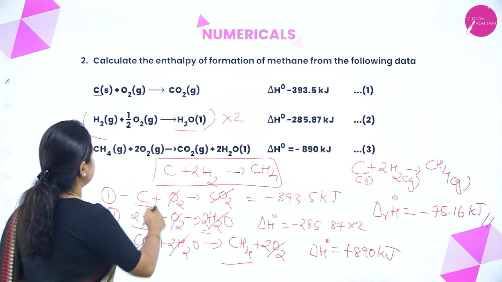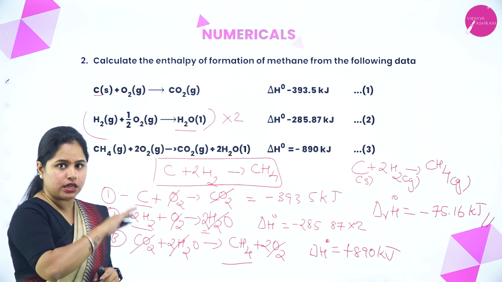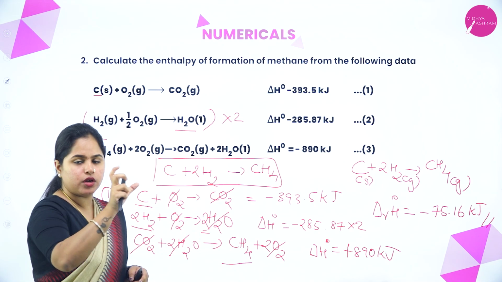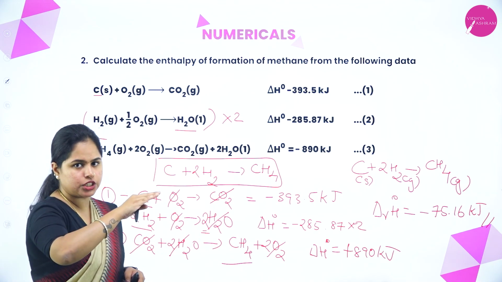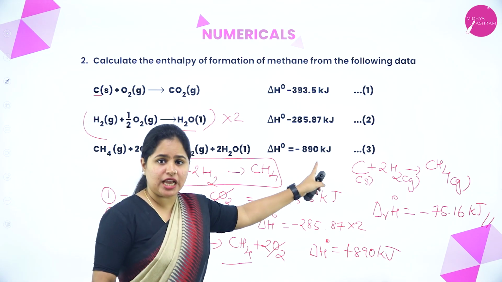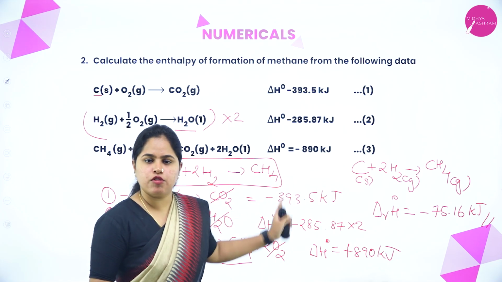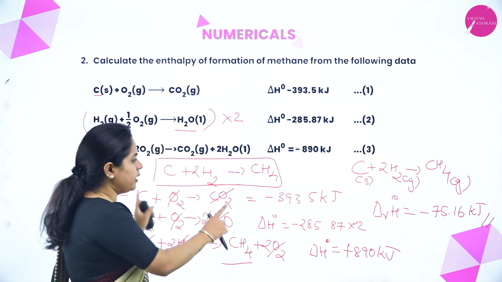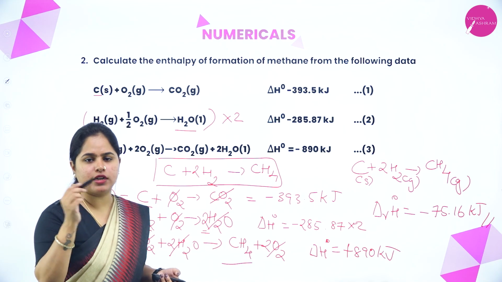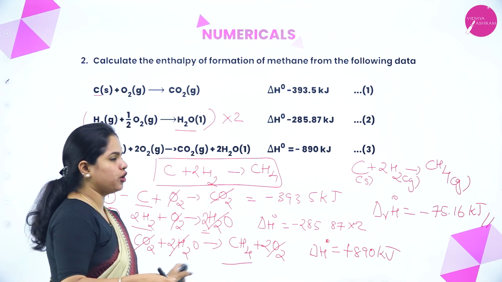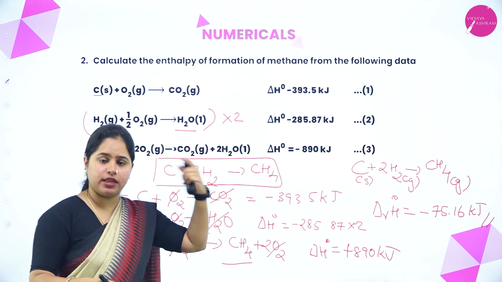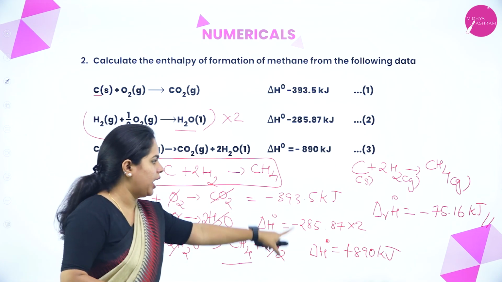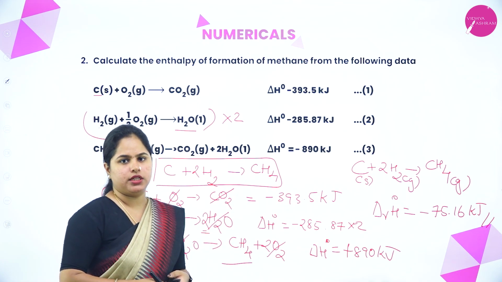Okay, rearrange means either multiply it by 2 or reverse the reaction, whichever is required. You require it in the product means reverse the reaction. So when you are reversing, change the sign in the enthalpy of formation also. And then finally, other unwanted products and reactants you can cancel out, and then you will finally obtain the equation or the reaction that you require. So just by adding the values, you can finally obtain the answer.